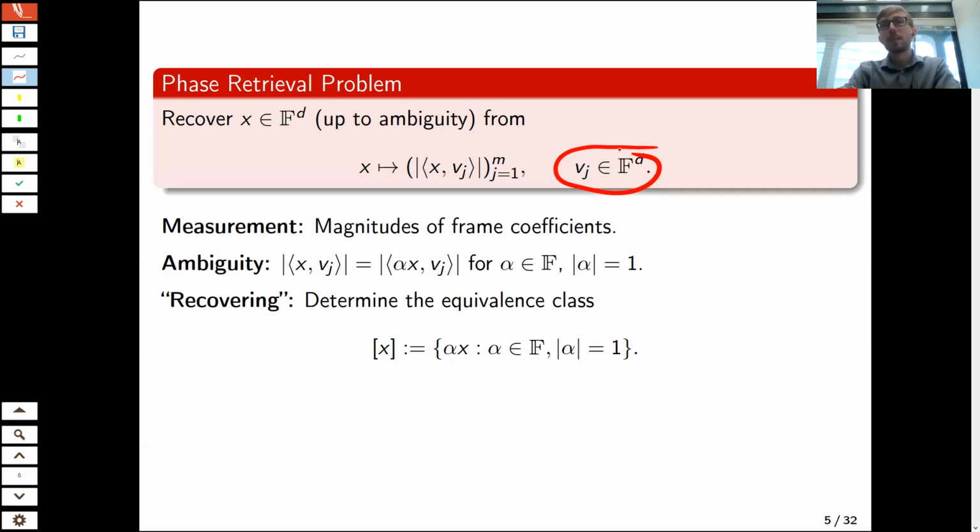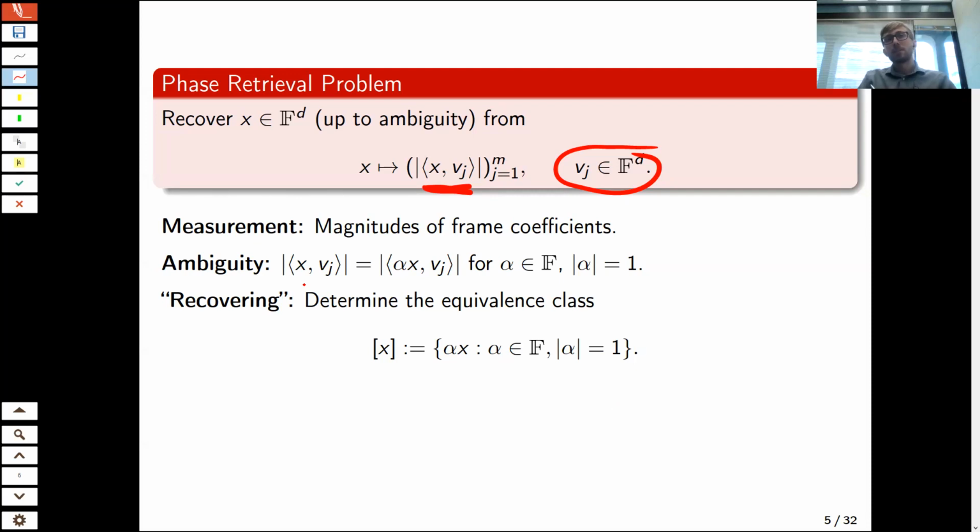Normally in frame theory, you get frame coefficients, and you can talk about quantizing them, or how to recover the vector from them. Those are the inner products of the frame vectors without a modulus. Here we are taking magnitudes of frame coefficients, so we're losing the phase. Can we still recover X? That's one question. What types of frames will work?